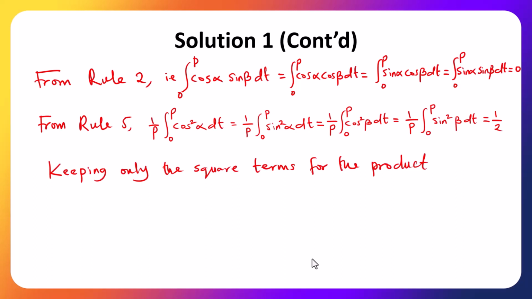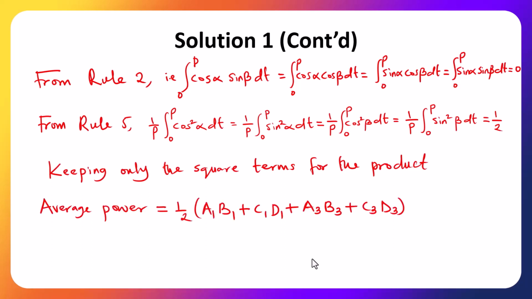So if we keep only the square terms for the product, we have as average power 1 over 2 into A1 B1 plus C1 D1 plus A3 B3 plus C3 D3.